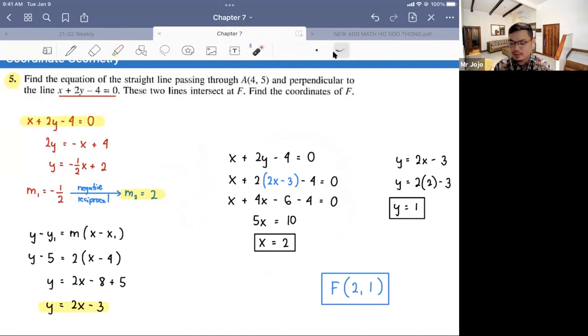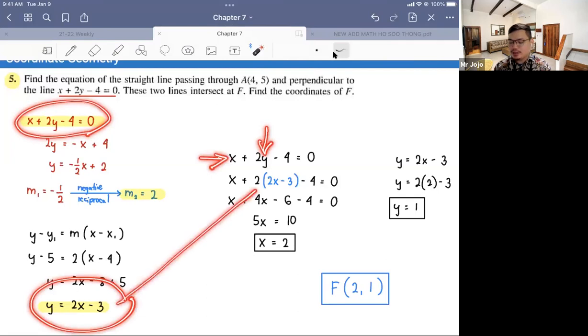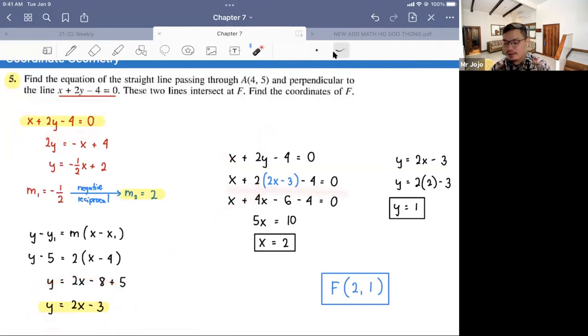I began with x plus 2y minus 4 equals 0. And since y is equal to 2x minus 3, I'm going to substitute 2x minus 3 for y in this equation. That's why your y is now 2x minus 3. It came from here. So this is substitution.